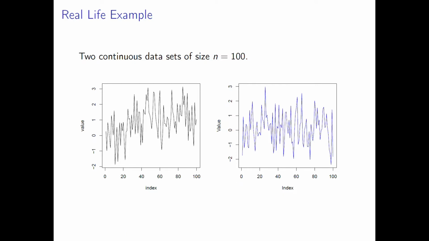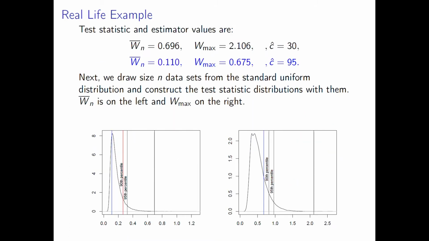So the first 30 data points are IID from standard normal distribution, and then the mean changes to 1, and the last 70 data points are from a normal distribution with parameters 1, 1. So it means that we correctly found the change point where there is a change point, and we didn't find a change point where there's none. So it confirms that these methods work correctly.